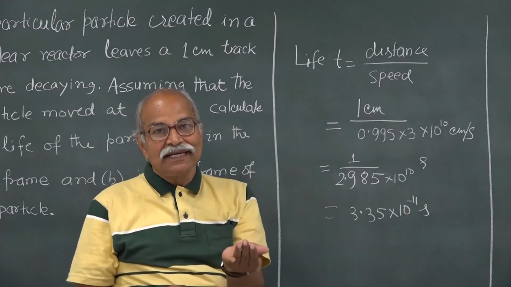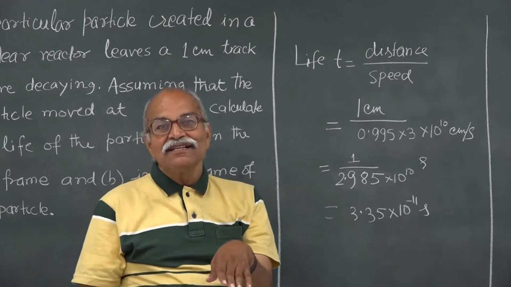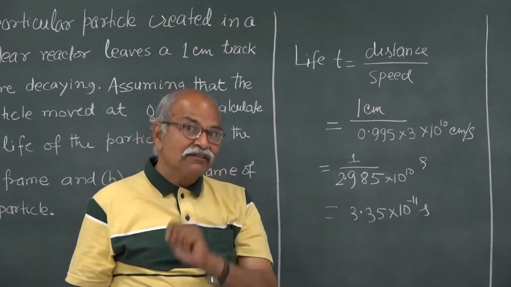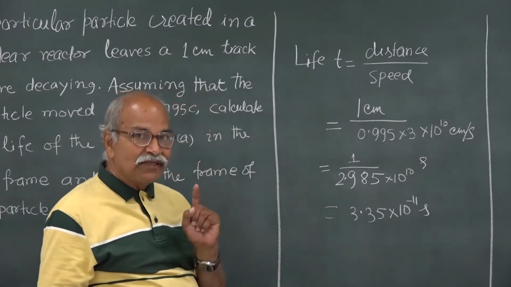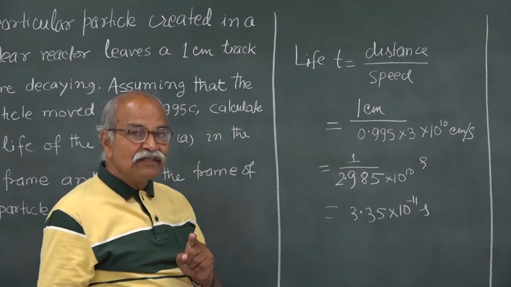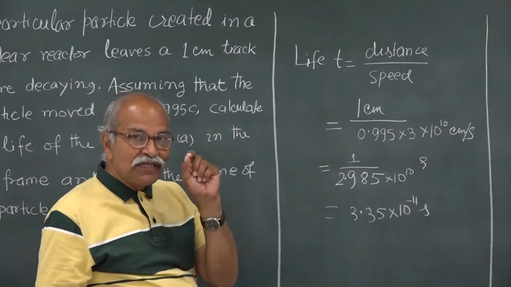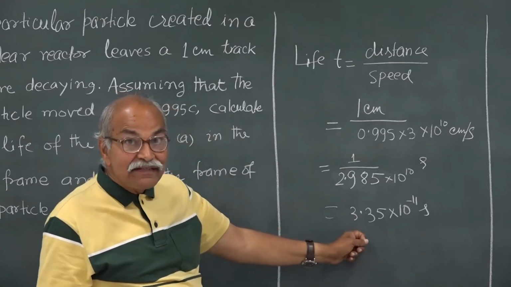So, the particle is created at the origin and the particle decays at the origin. So, the two events are occurring at the same position. So, that time interval will be the proper time interval, and proper time interval is the smallest time interval. So, the proper time interval is smaller than this by what factor?